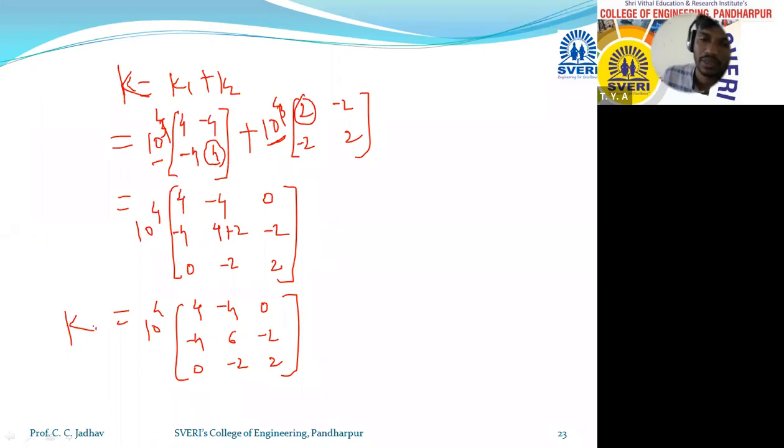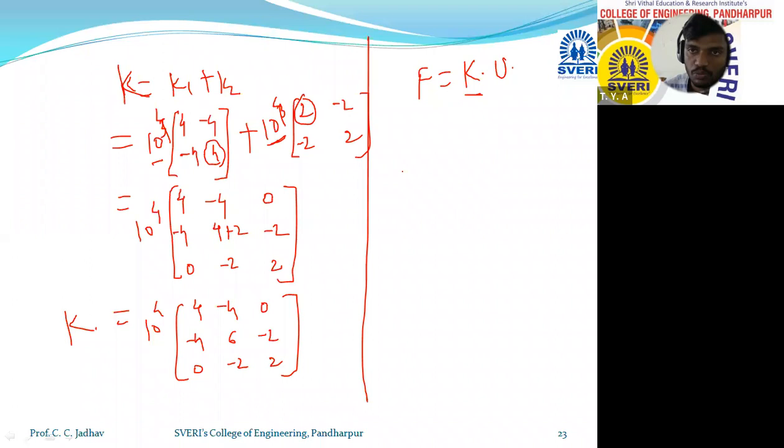Once you calculate all the final global matrix values, you have to calculate the unknown numbers. So how to calculate the unknown numbers? For that, the equation is force is equal to K into U. The K value you have already found out. So just put the equation here.